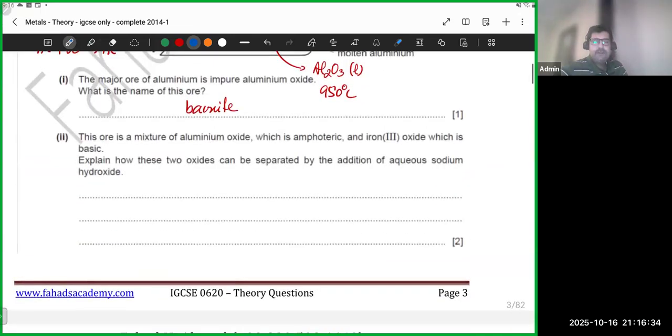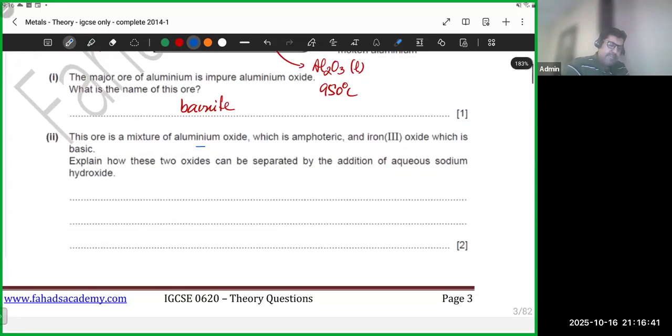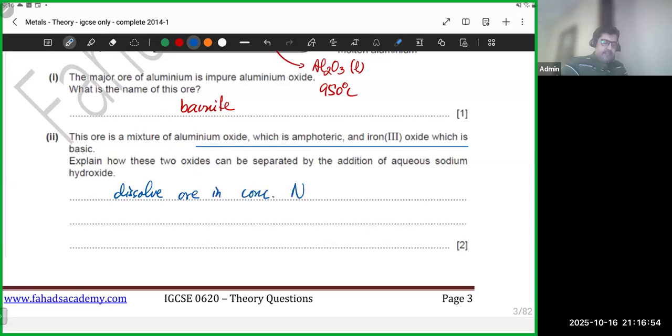The previous part was about, okay, the ore is a mixture of aluminum oxide and iron oxide, which is basic. Explain how these oxides can be separated. So dissolve the ore in NaOH, or concentrated NaOH. What happens?